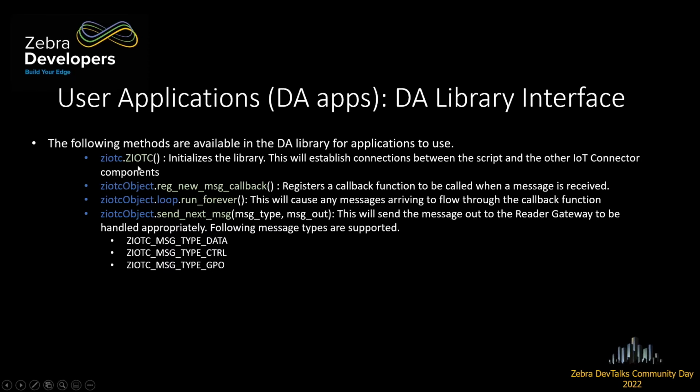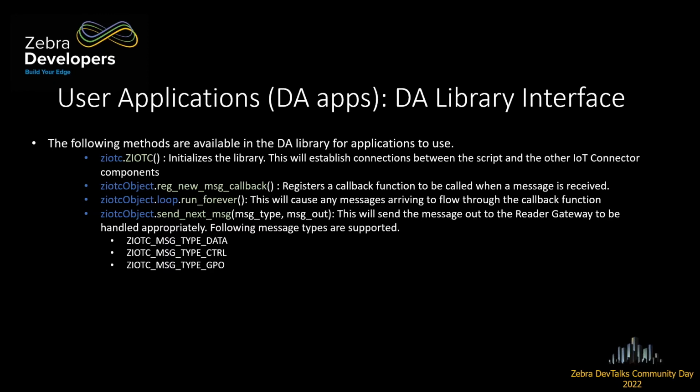And then once it has done that, it needs to register itself to get a message callback whenever a data event from the radio control is received. And the library will take care of calling the callback whenever it gets a message from the radio control. Then there is the run forever. So the Python module makes use of what is popularly known as the async IO module.